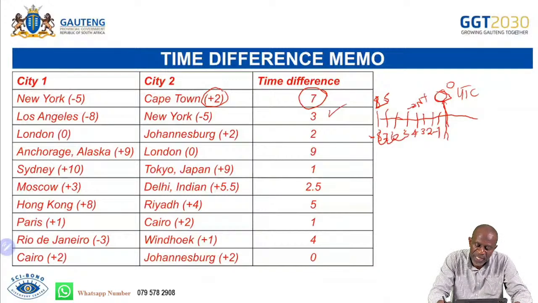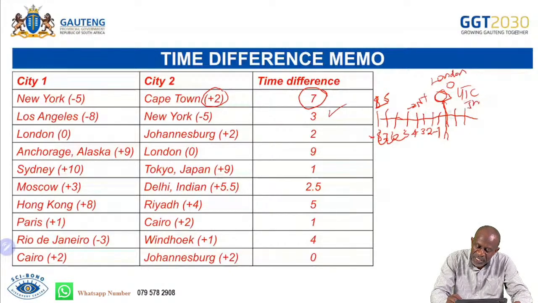London and Johannesburg. Johannesburg is at +2 and London is at 0. As you add 2 lines towards the east, because the plus indicates that Johannesburg is east of the universal time coordinate, you will arrive at a difference of 2, where this is London and this is Johannesburg at +2.